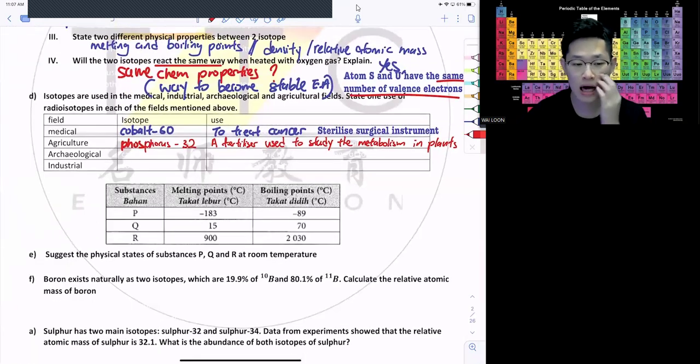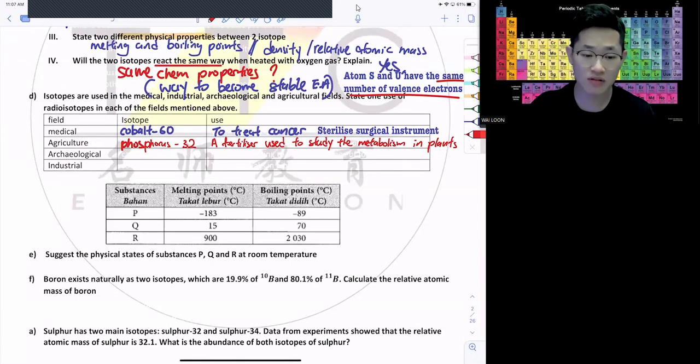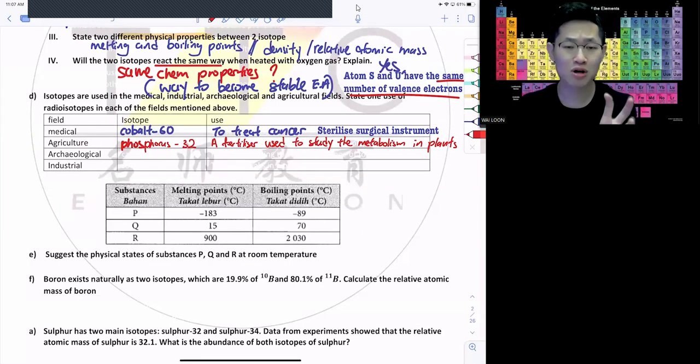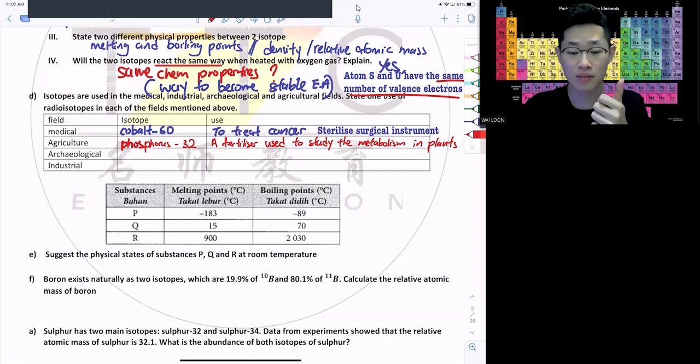That means I will feed the plants with this fertilizer and then see how fast they can absorb it. If they can absorb very fast, that means they're very healthy. If they absorb very slowly, then their metabolism rate is low, not very healthy.